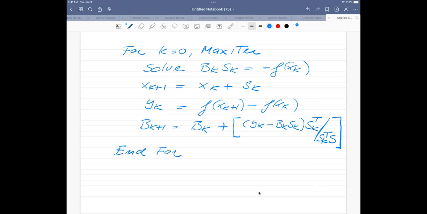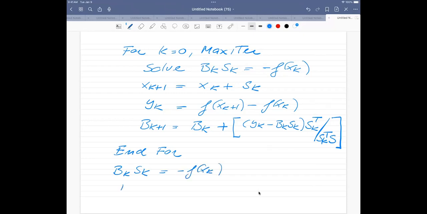Now, how we actually arrive at that equation is to consider the following approach. When we are computing that equation, we have B of k times s of k equal to minus f of x of k.